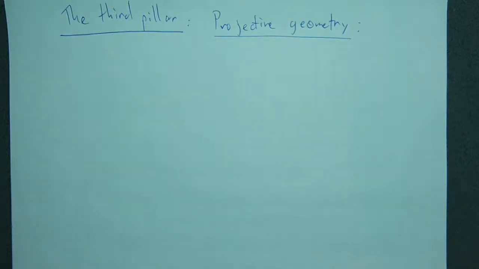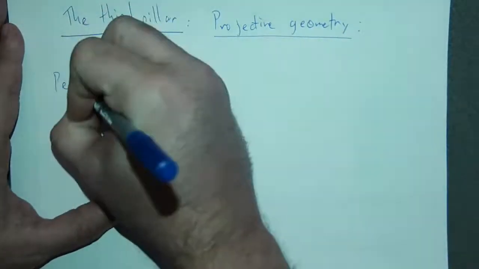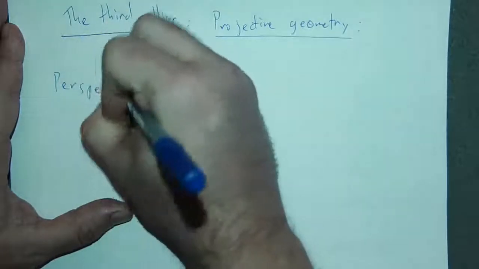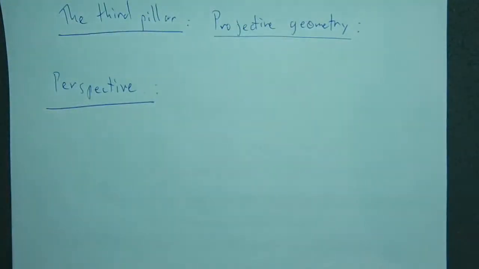So it came from art. Art is actually where the initial investigations into projective geometry came in, and it came through the notion of perspective. Okay, so perspective is where projective geometry arises.